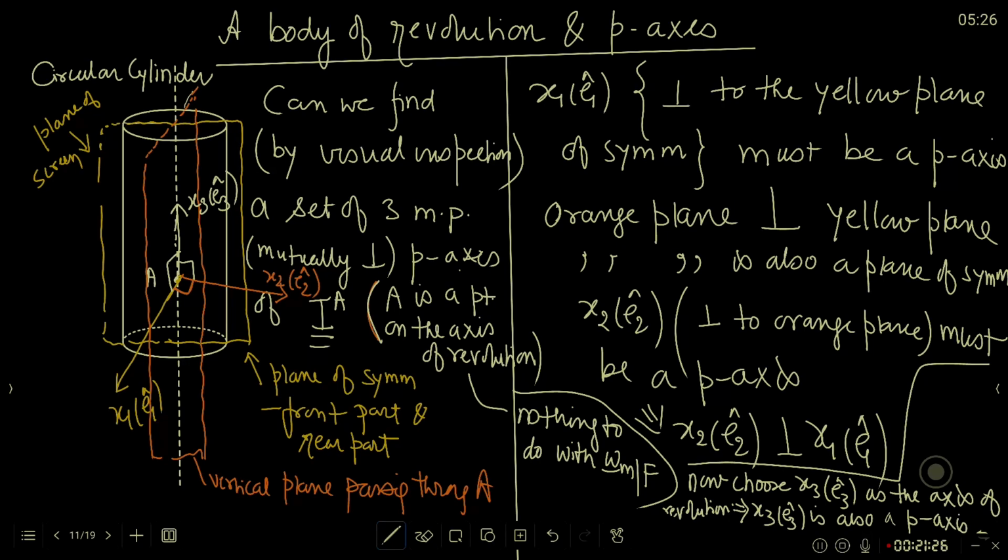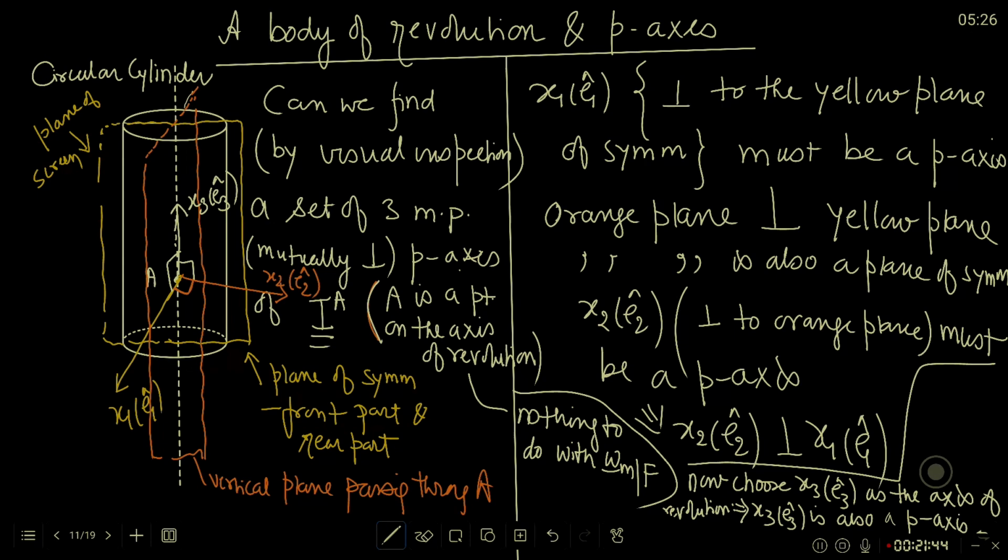I have said this earlier, last class I said, if x1 e1 is a p-axis, x2 e2 is a p-axis, then the third axis which is perpendicular to both x1 and x2 is got to be a p-axis. You get that information for free, right?